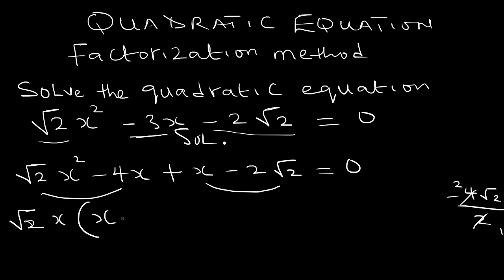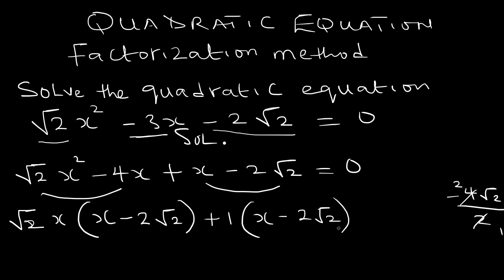So we have x minus 2 root 2. We'll close our bracket. Now between x and minus 2 root 2, 1 is common, and we have x minus 2 root 2, everything equal to 0.